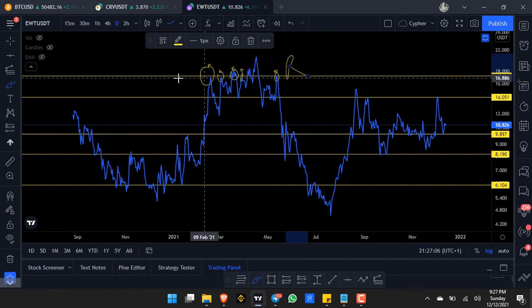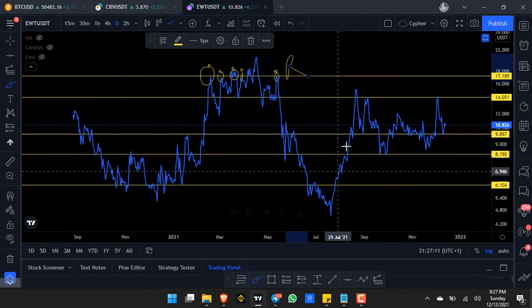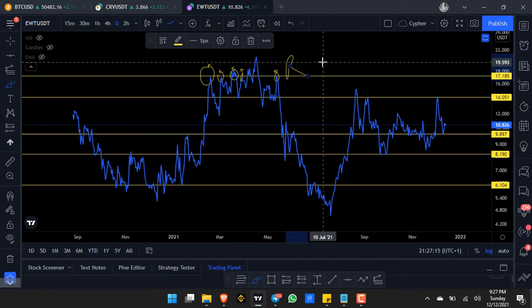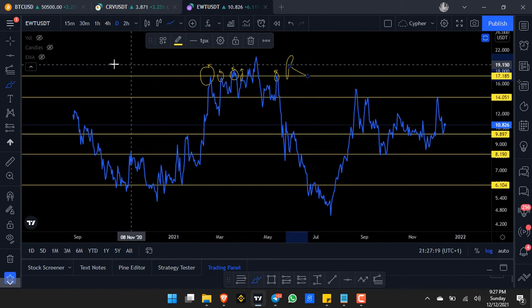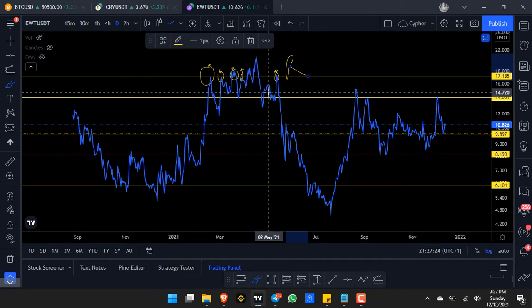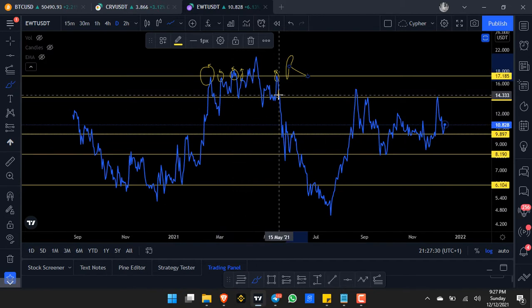In this case, the resistance here is standing as the wall. For price to be able to break above it, it needs to hit it more than once, right? It needs to hit it consecutively to be able to cross it. Now imagine this is the wall we're talking about. It has hit it more than once. So thereby this is the resistance level because we have seen that it has more than one hit, right?